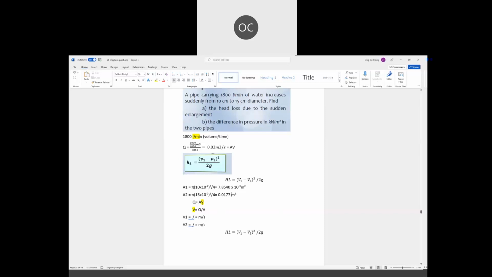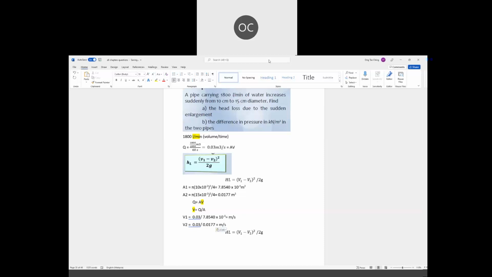Then you are going to utilize Q equals AV, the previous equation that you have learned. So in order for you to obtain the velocity, you have Q over A. Your Q value will be 0.03 for both 1 and 2, because it will remain the same within the system. So you divide by this A1 value, and A2 is this value itself.